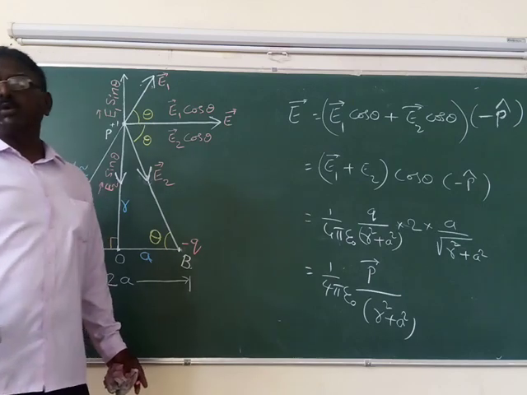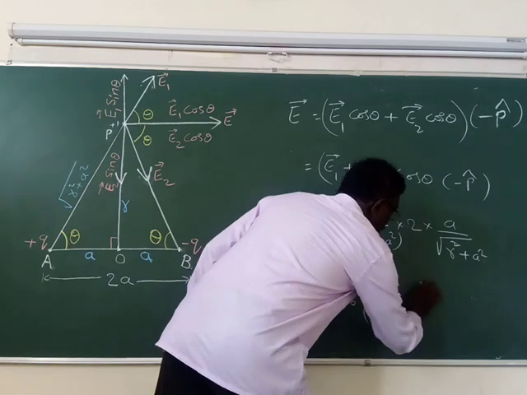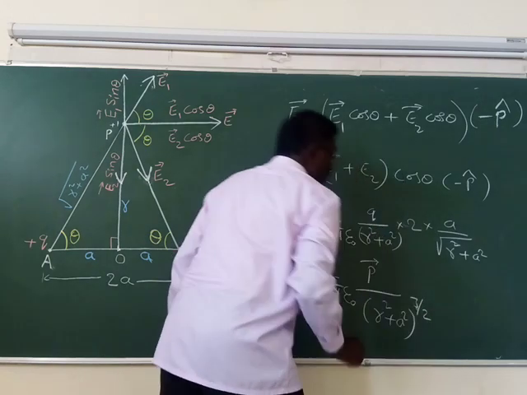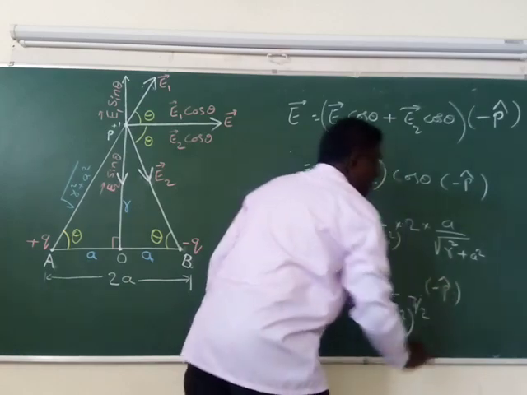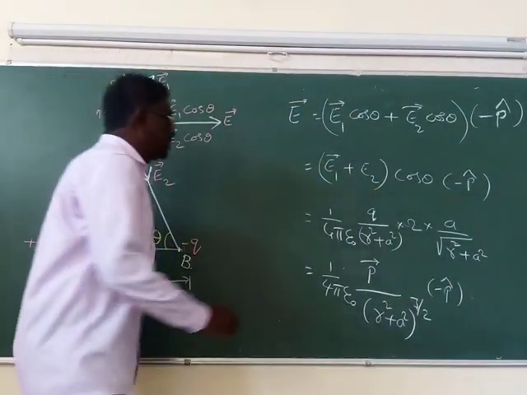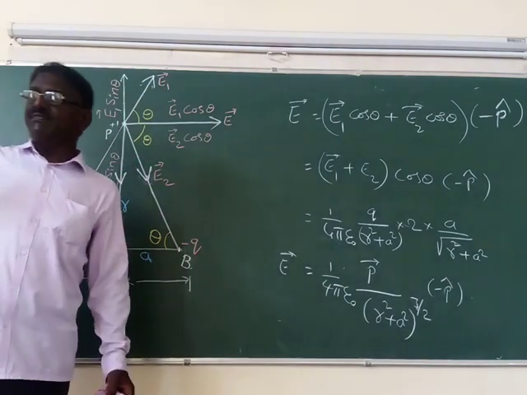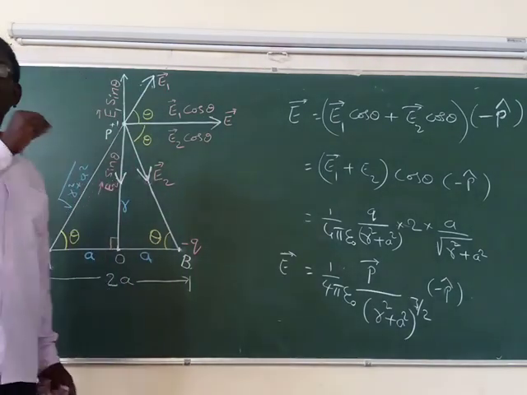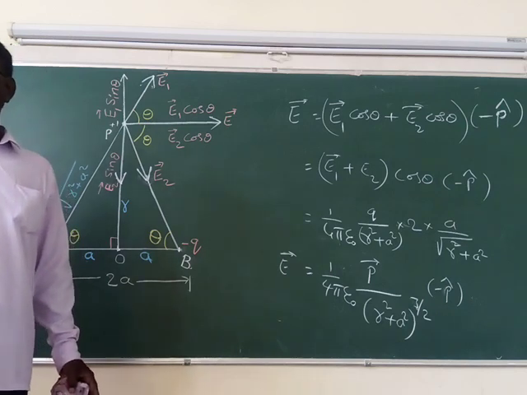The sum of 1 and 1 by 2 is 3 by 2, so it is raised to 3 by 2. What is the direction? The direction is given by minus p cap. So this is the expression for electric field strength at any point on the equatorial line of a dipole.